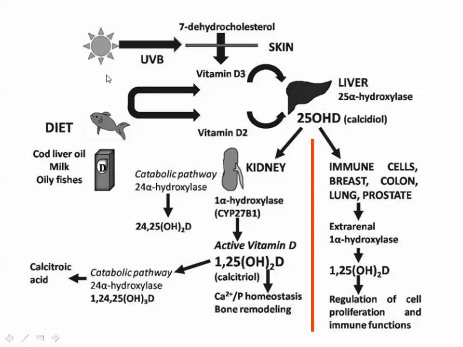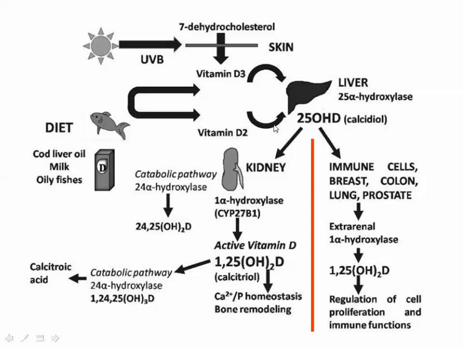And this is what I have mentioned, that you have two main sources: the ultraviolet rays from the sun transforming the raw material in the skin into vitamin D3, and you have by food the vitamin D2.